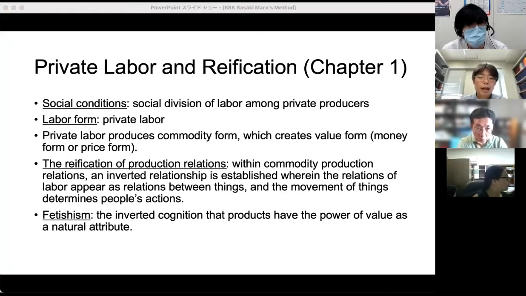This is the reification of production relations. Moreover, the reification of production relations generates the inverted cognition that products have the power of value as a natural attribute. This is fetishism.